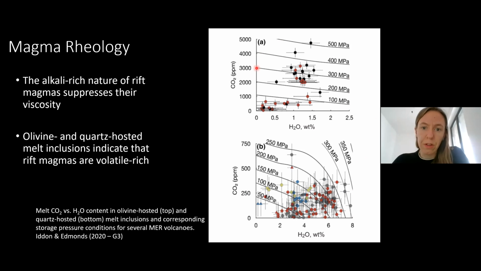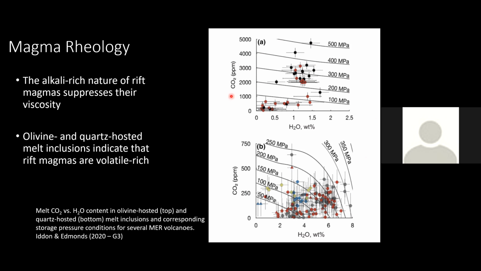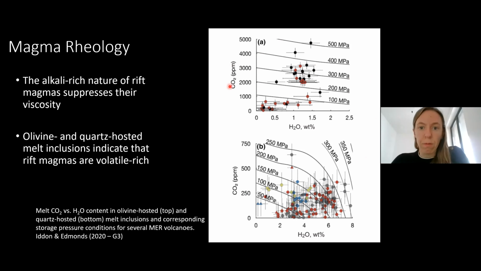And here we see that CO2 contents are up to several thousands of ppm in the basalts for water contents of 1 to 1.5%. With these combined observations in the melt inclusions of both CO2 and water, we can reconstruct the pressure at which these two contents would have been in equilibrium. And so that gives us some information on the storage conditions of the magmas.